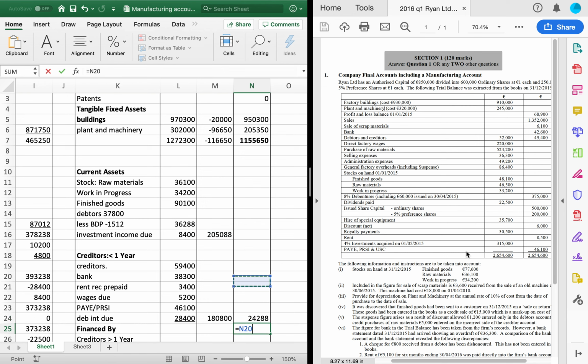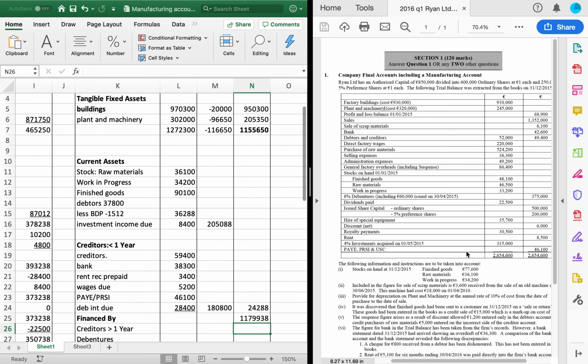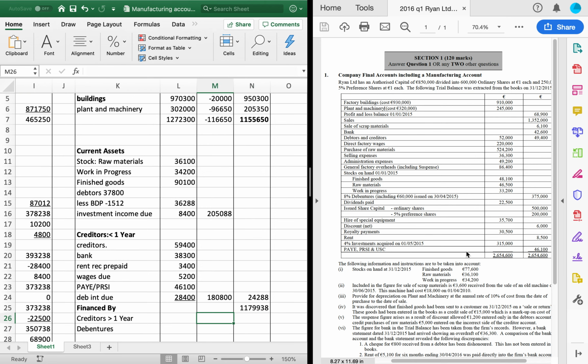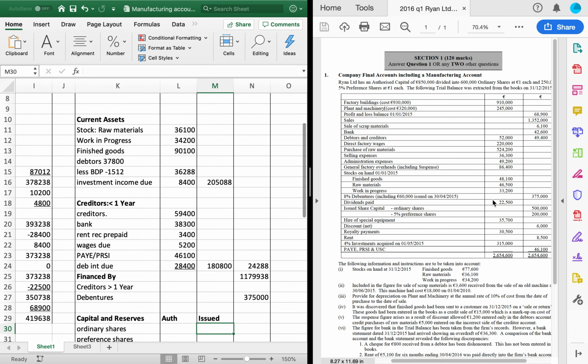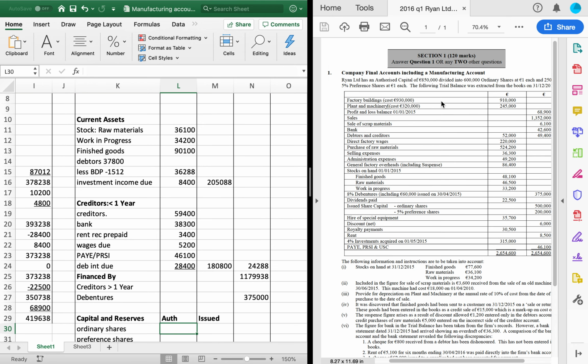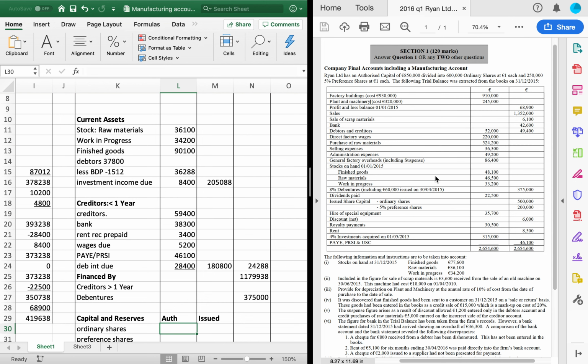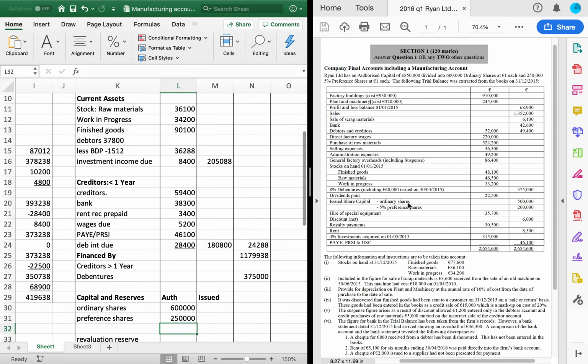24,288, and obviously we're going to add it on, and we get 1,179,938. Debentures, so we've got 375. And we've got our authorised and issued ordinary shares, 600 and 250 authorised. And issued shares are 500 and 200.